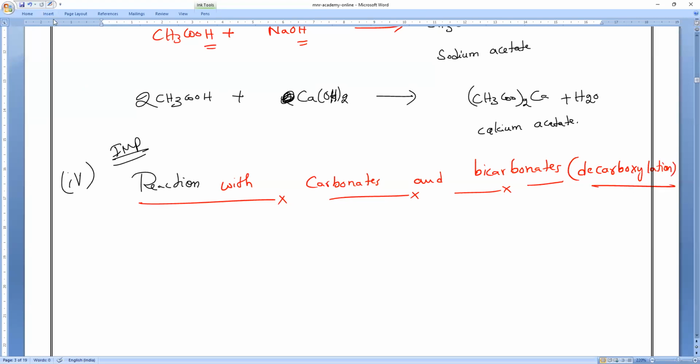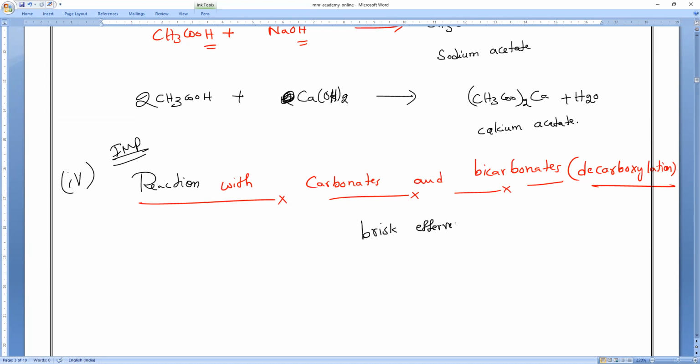When ethanoic acid reacts with metal carbonates and bicarbonates, we get a brisk effervescence.